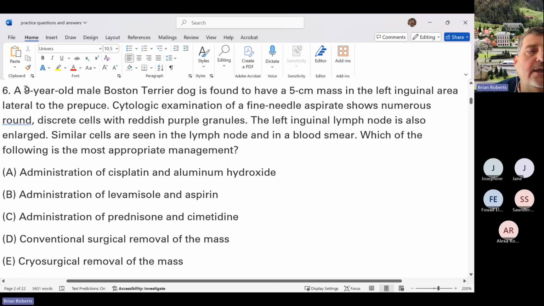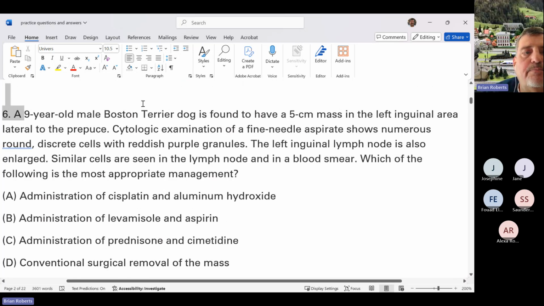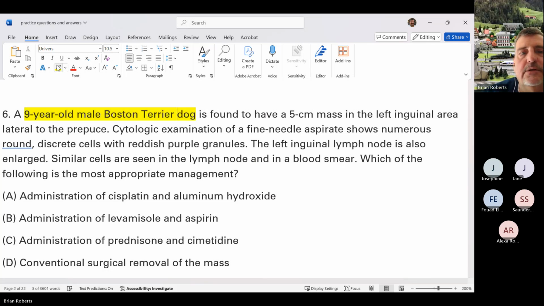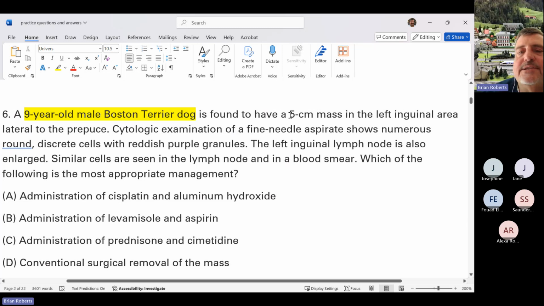Here we have a 9-year-old Boston Terrier. He's got a mass in the inguinal area.